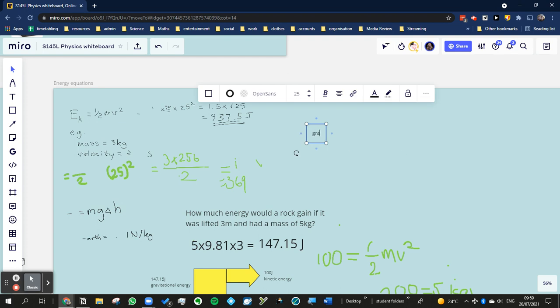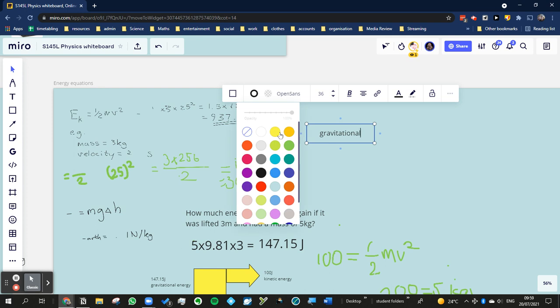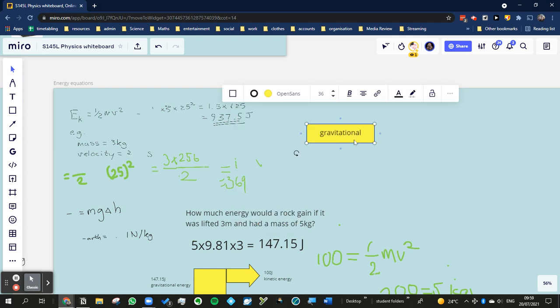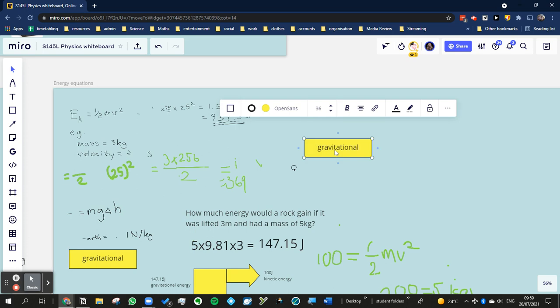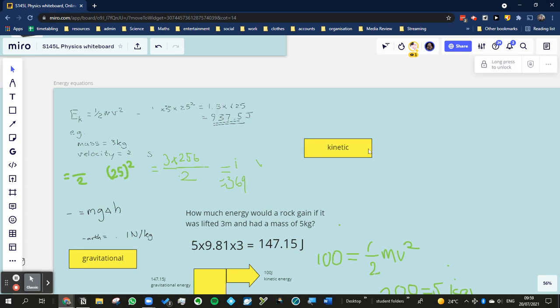So we got gravitational energy. That one was this one down here. And then we had kinetic energy, which is this one over there.